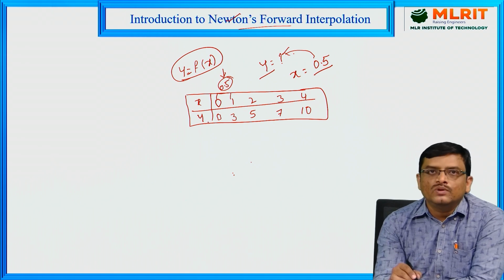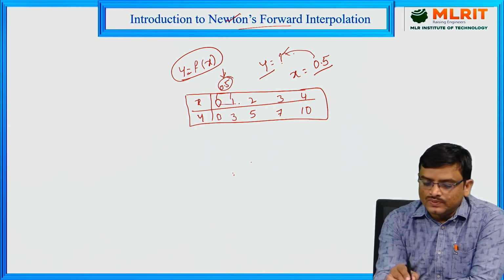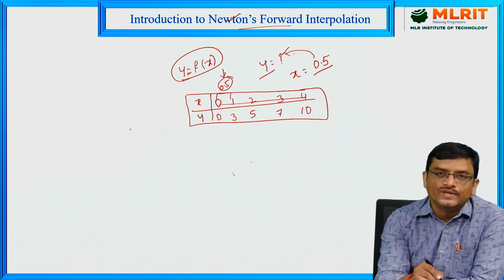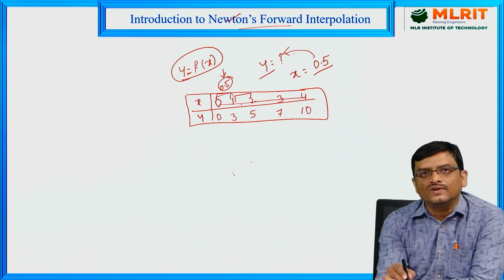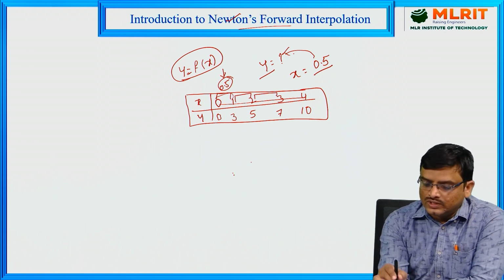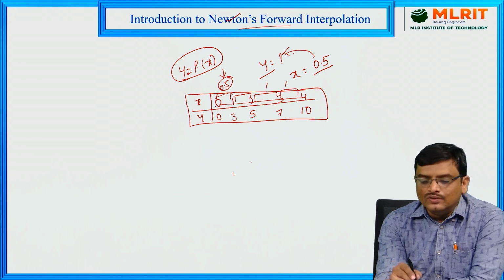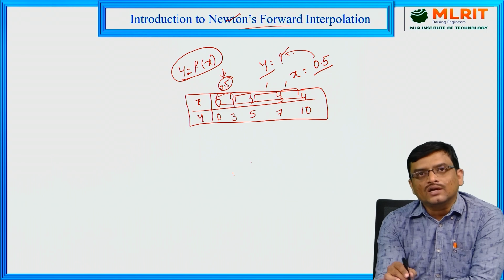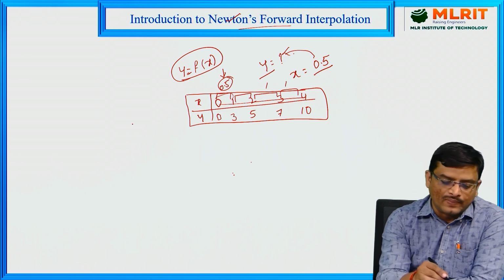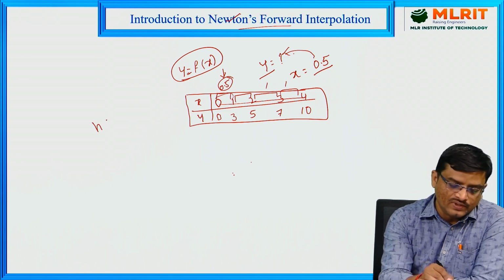Whenever we apply the Newton's forward interpolation formula, the values of x must have a common difference. If you take the first two values, 0 and 1, the difference is 1. The next two values, 1 and 2, the difference is 1. The next, 2 and 3, the difference is 1. So the values of x must have a common difference. That common difference is called the step length, represented with h.